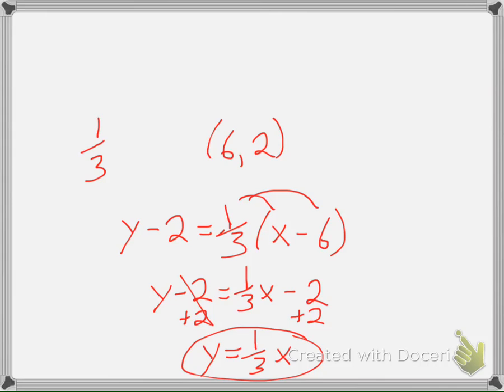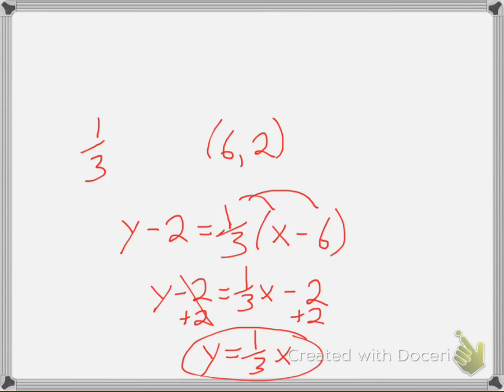So same result, either way we do it. You can use either form. Like I said, my personal preference is to put it straight into slope-intercept form by plugging in an x and y and solving for b, or you can put it in point-slope form, either way.